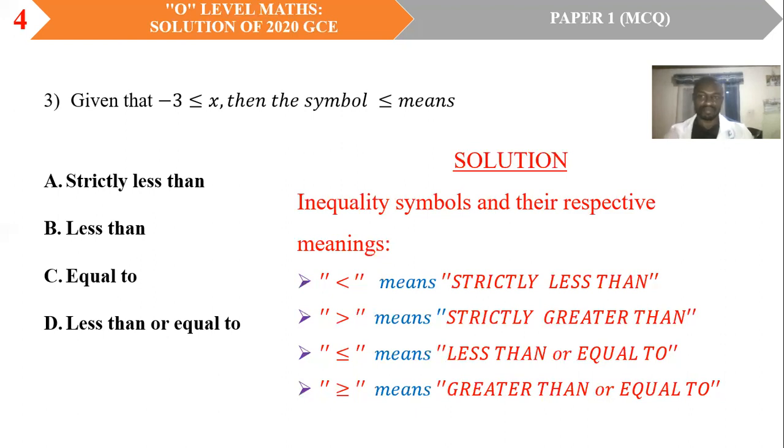And if I bring up my right hand and hold it like this, it gives you the symbol for greater than. In the same manner, this means less than or equal to, and this one means greater than or equal to. So answer D, less than or equal to.